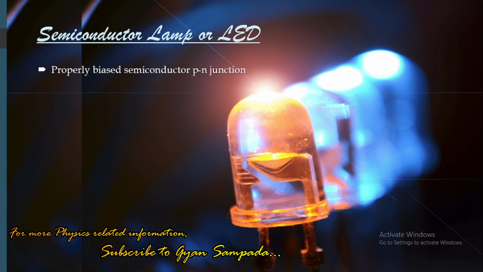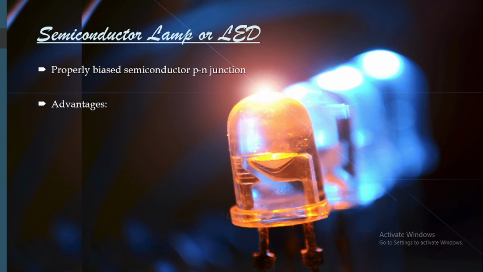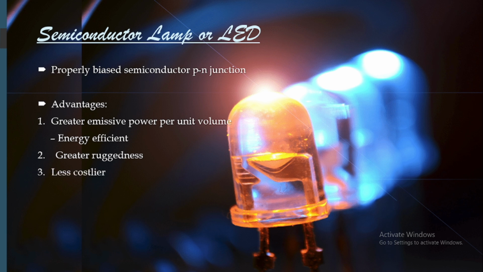These lamps are also called LEDs, that is light emitting diodes, as they have several advantages over conventional lamps, like a much greater emission power per unit volume, greater ruggedness, and they can be built at a lesser cost. LEDs can be modulated much more rapidly, so easy tuning is possible.